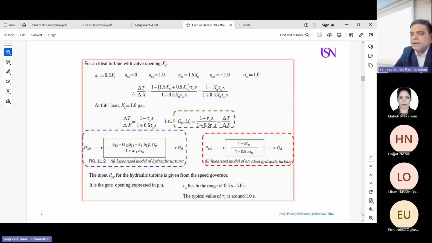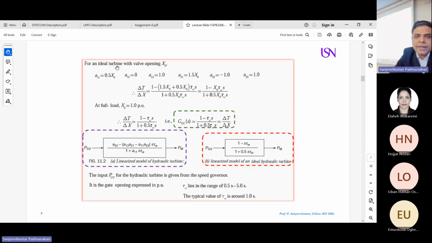For an ideal turbine, now we are going to enter into the system. We have seen different time constants and variables, and how to decide modeling. That's very important: how to model mathematically in a simplified fashion.